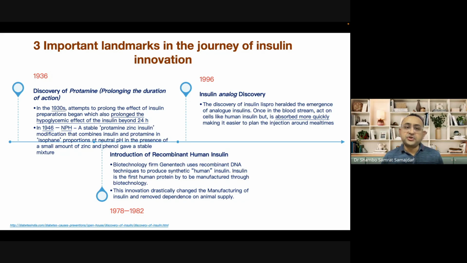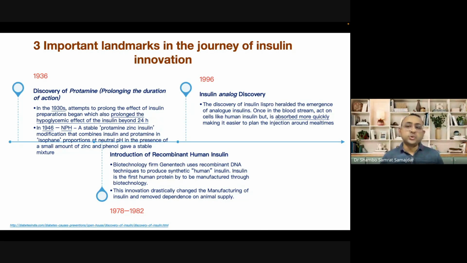First, the discovery of protamine to prolong the duration of action. Then in 1978 to 1982, genetics evolved and we had recombinant human insulin at that time. And finally, around 1996, we got different insulin analogs.